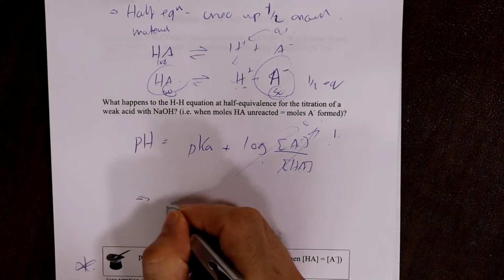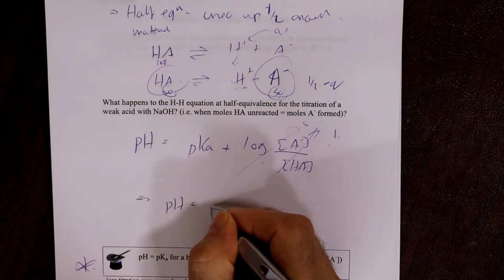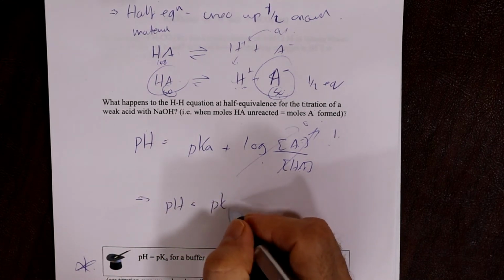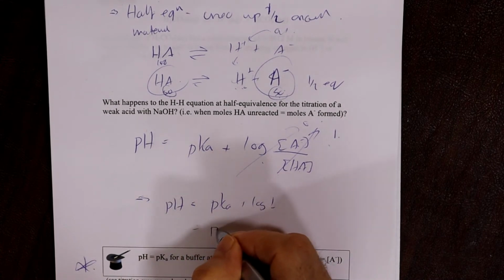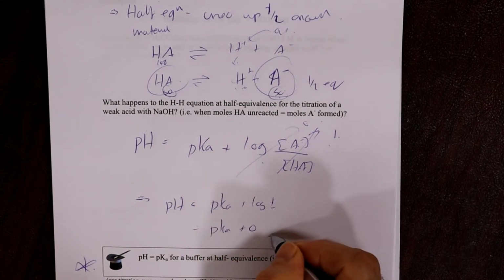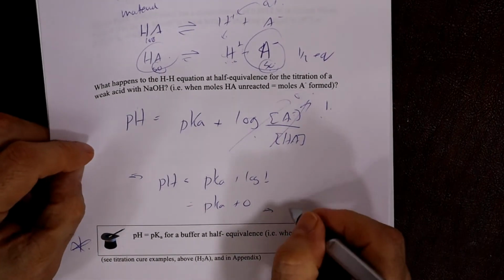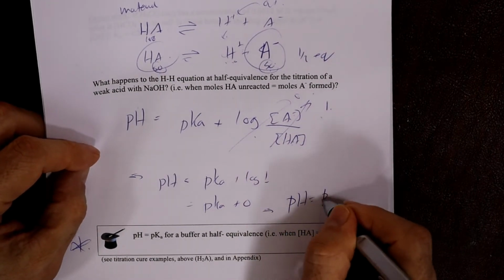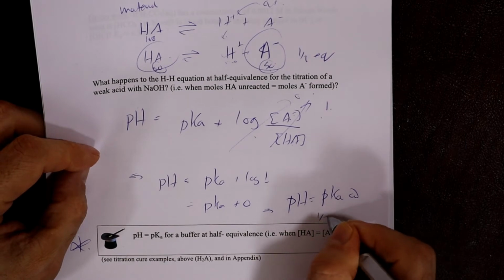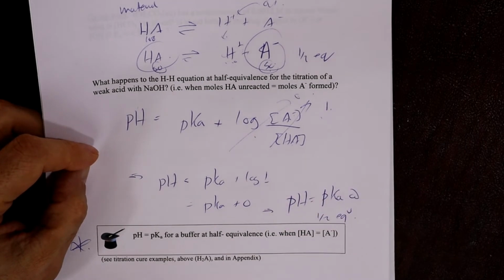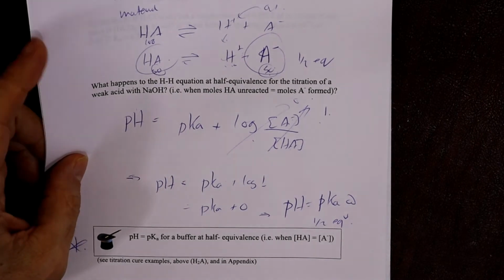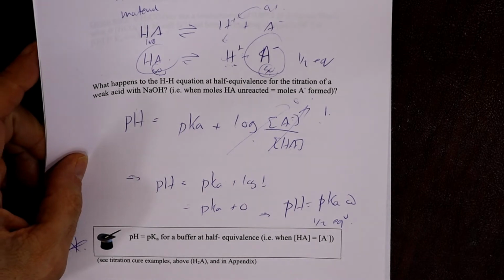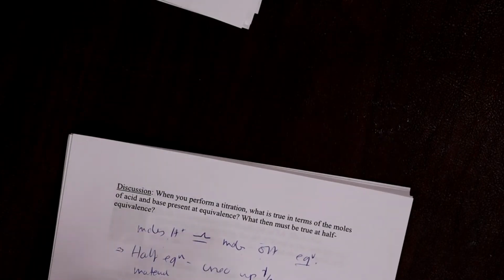Therefore pH equals pKa plus log 1, which equals pKa plus 0. Therefore pH equals pKa at half equivalents. Halfway along that buffer region is when you've added half the amount needed to get rid of all the material, so pH equals pKa, if you remember that slide from before. So that's a little bit more detail on that.